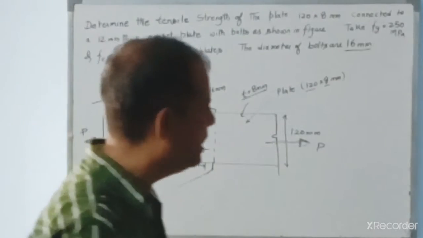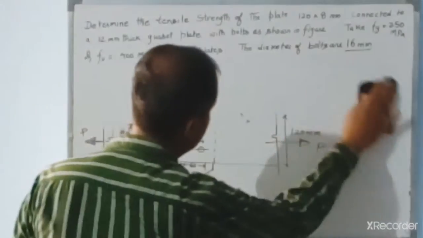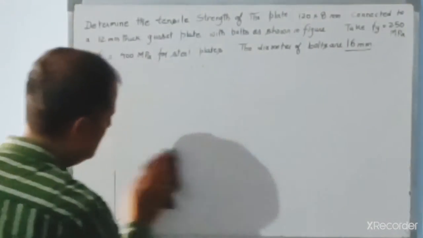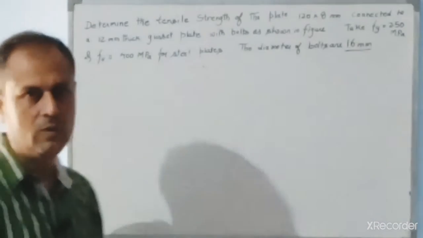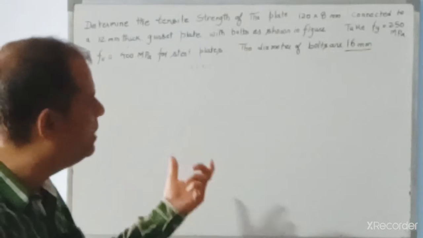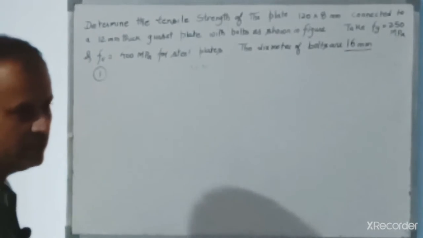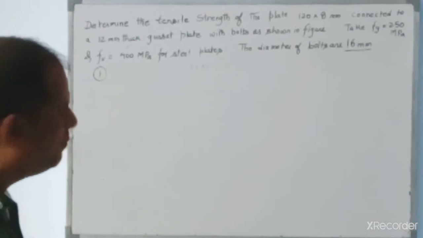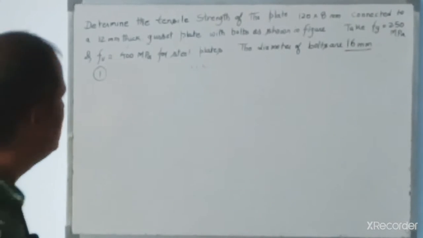Now I am going to take the next step. First of all, I am going to write down the given data. The first step in solving a question, in steel or concrete or whatever the subject may be, is to take out the data from the given question.